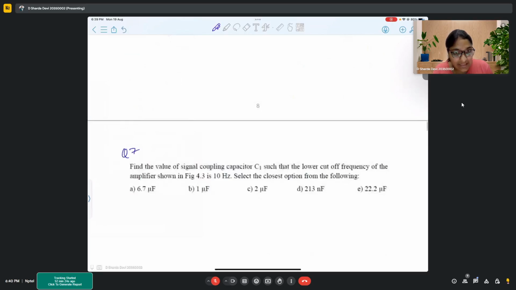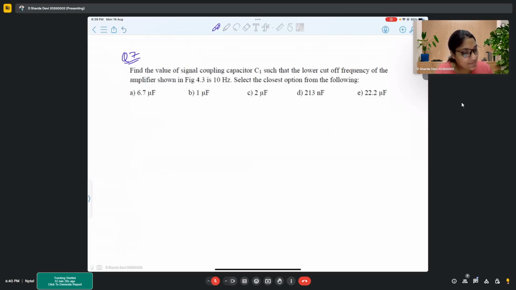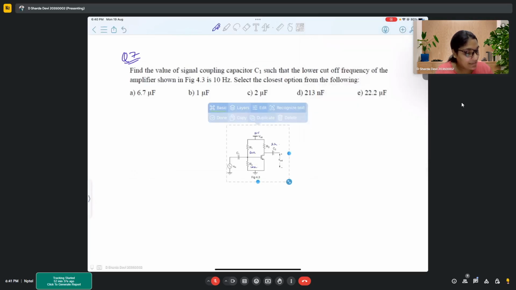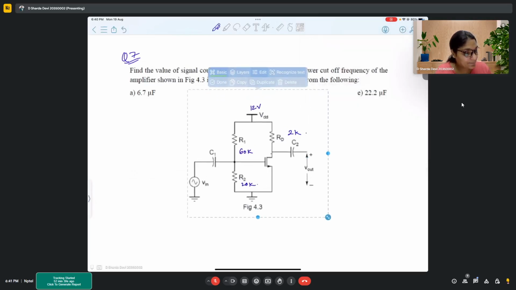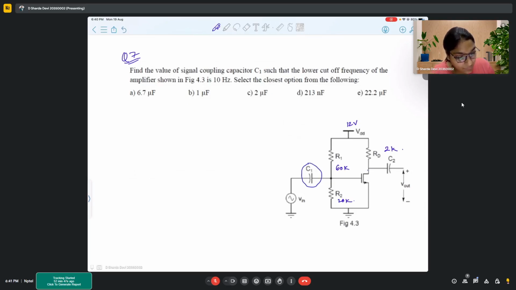Now, moving to the next problem. In this problem, we have to find the value of signal coupling capacitor C1 such that the lower cutoff frequency of the amplifier in the same figure is 10 Hertz. We have to find the value of this capacitor. So we know frequency is 1 upon 2 pi RC.